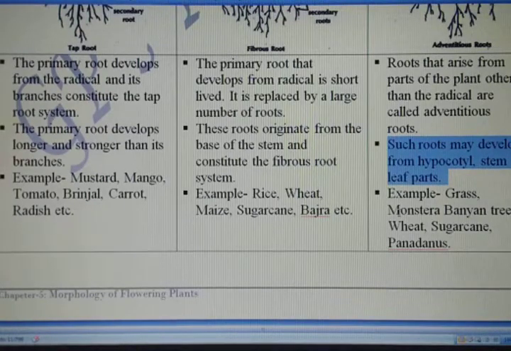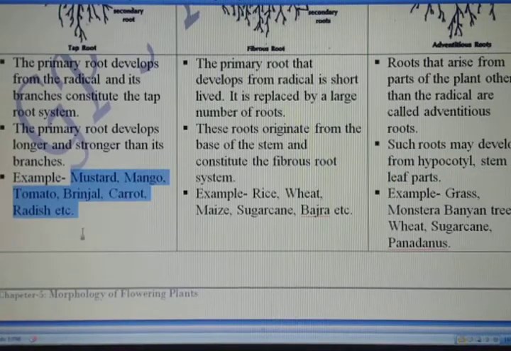Let us see the examples for all three here. Examples of taproot system: mustard, mango, tomato, brinjal, carrot, radish, etc. Along with this, so many you can go on adding. It will be a very big list.